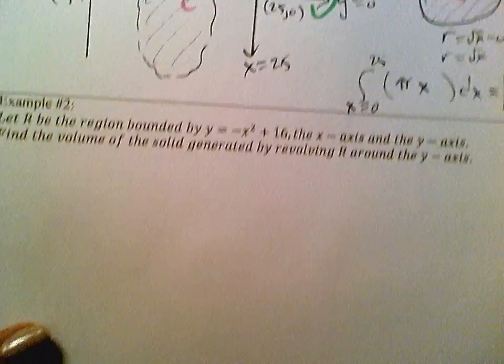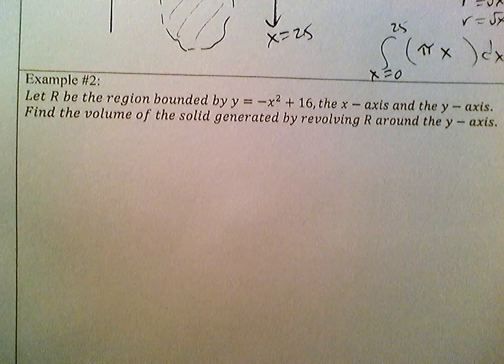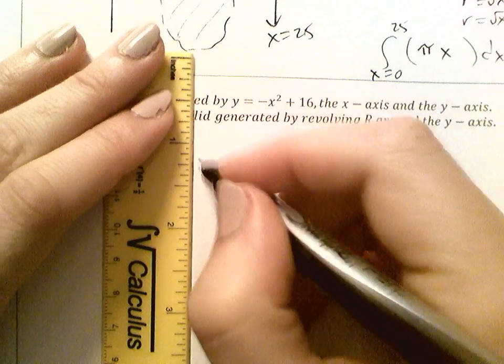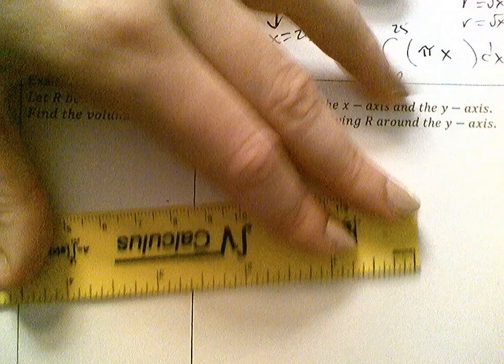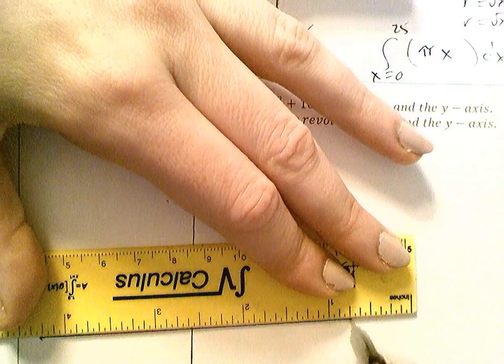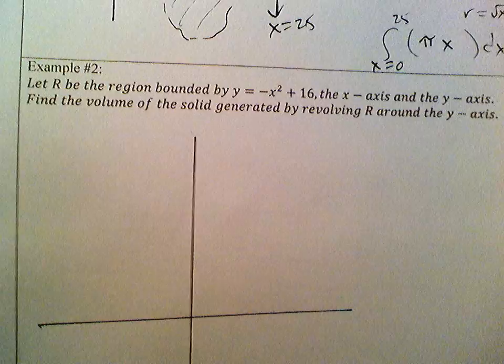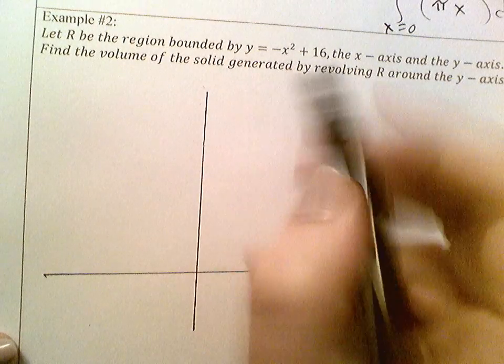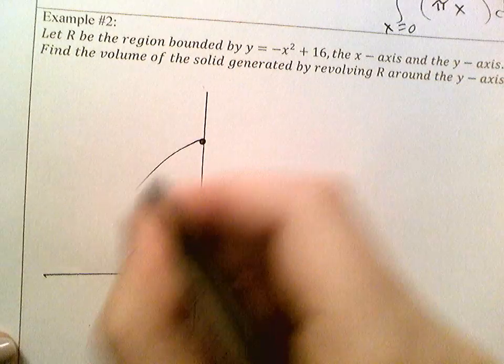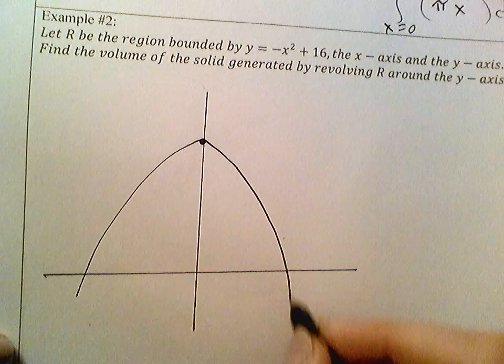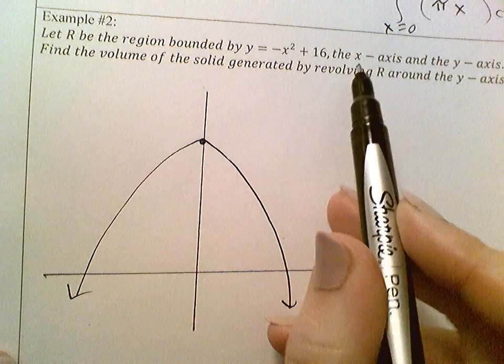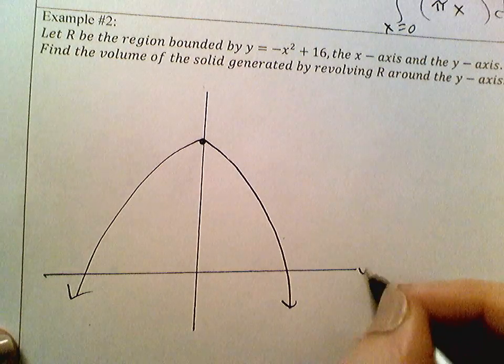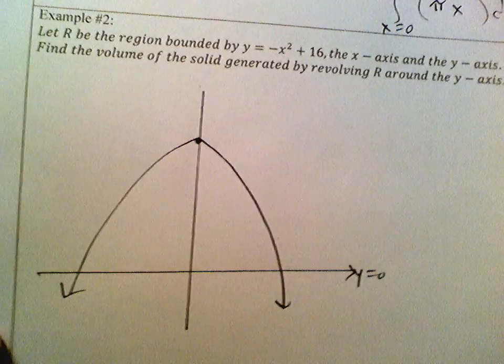So I'm going to draw an xy axis. Okay, that's pretty slanted. And then this is an upside down parabola. The x-axis is right here, so that's the graph of y equals 0.